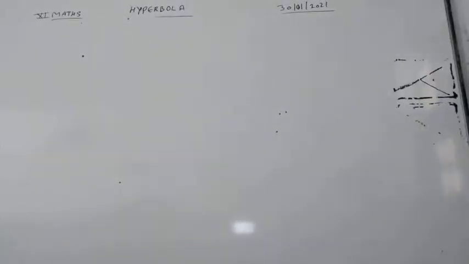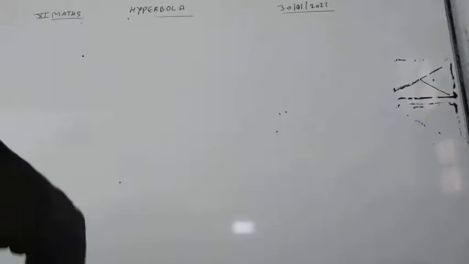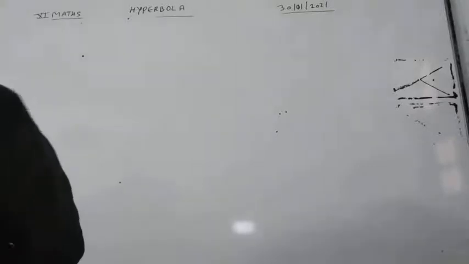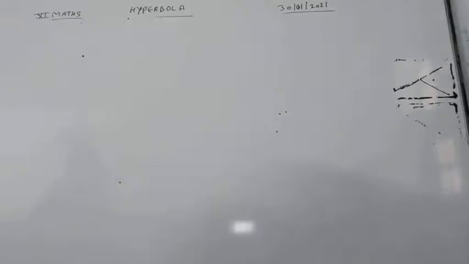find the equation of hyperbola whose foci are at (0, plus minus root 10) and which passes through the point (2, 3).